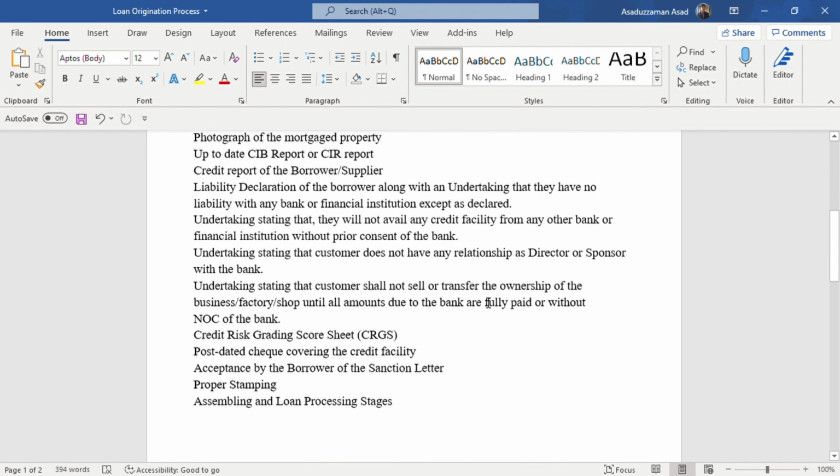Credit risk grading score sheet, if the loan amount is bigger or in a higher range of volume.